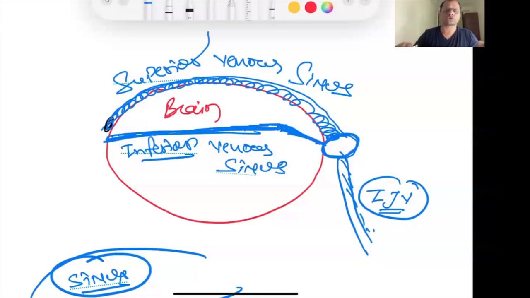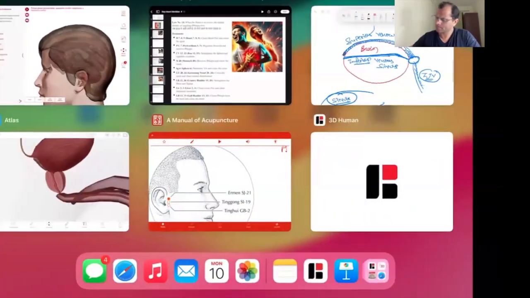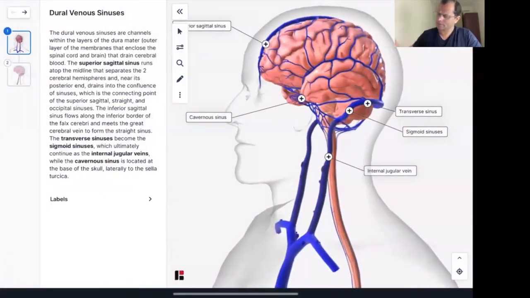So we have to focus on two pipelines. What is the ultimate purpose? The ultimate purpose is to bring the blood and put it in the internal jugular vein. So let's see one diagram here. Look at it now.